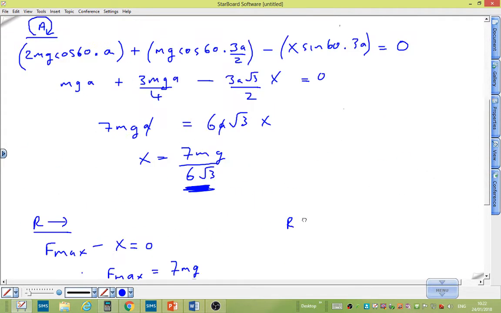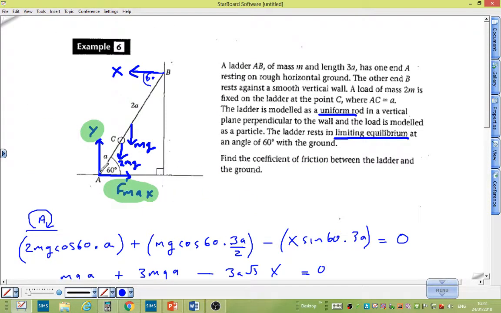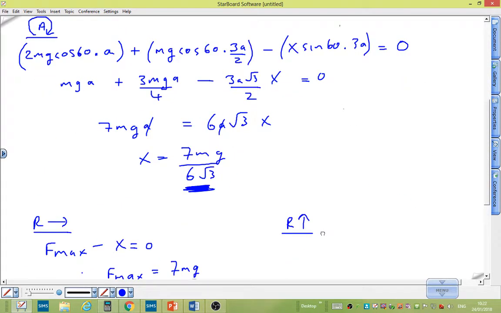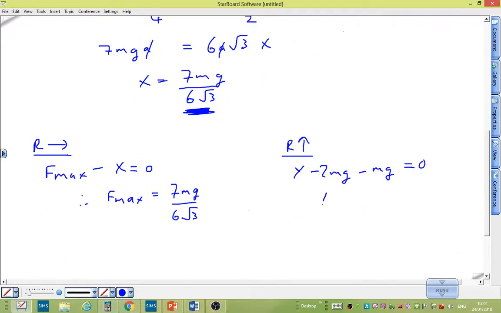All we're left to do now is to resolve vertically, and I'm trying to find y. Y is upwards, so I'm going to say upwards is positive. So y minus 2mg minus mg equals 0, and you've got basically y is equal to 3mg.